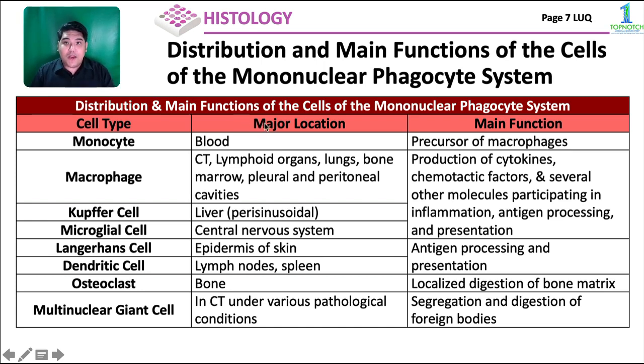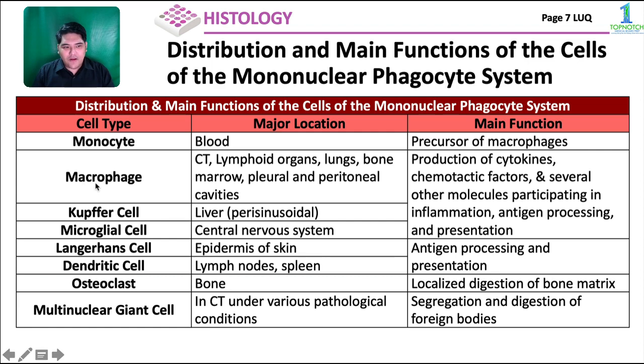Its function is as the precursor of the macrophage. Macrophages are found in many places: connective tissue, lymphoid organs, lungs, bone marrow, pleural and peritoneal cavity. Their functions are many: production of cytokines, chemotactic factors, participation in inflammation for phagocytosis, antigen processing, and presentation.